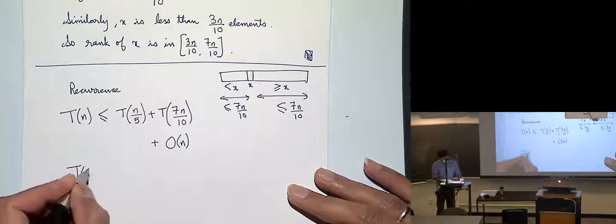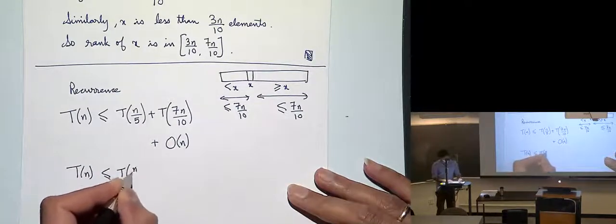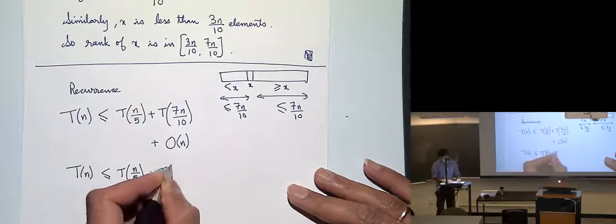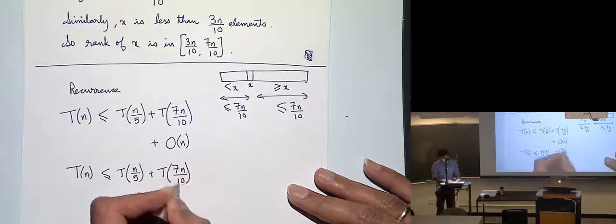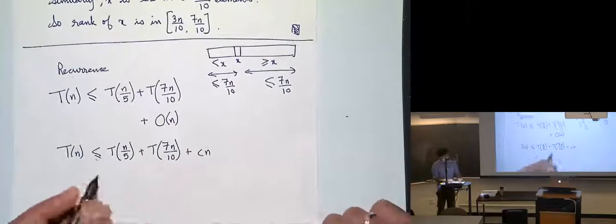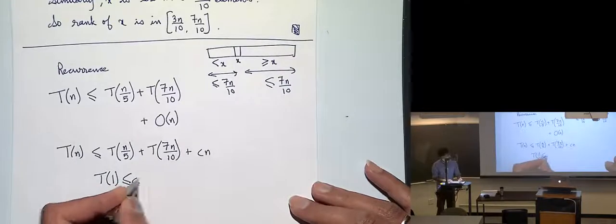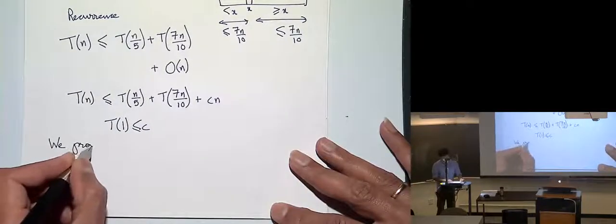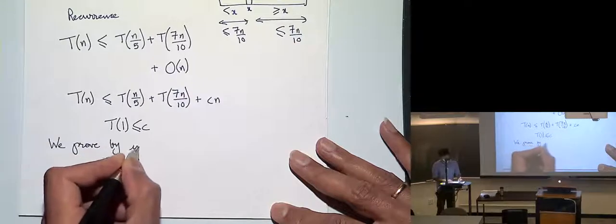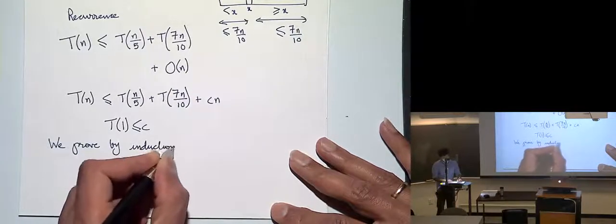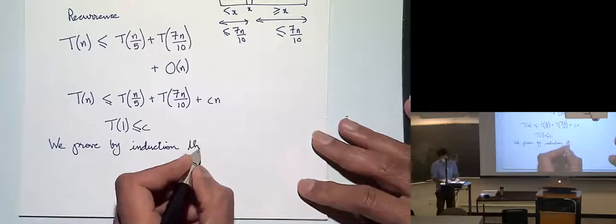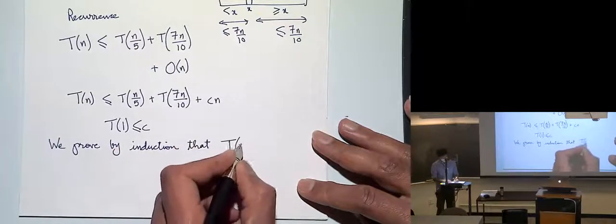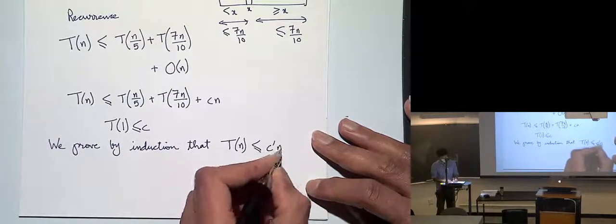So again, I'll just write this out. T of n is T of n over 5 plus T of 7n over 10 plus c of n. T of 1 is at most c. Okay, so we prove by induction that T of n is at most c prime n.